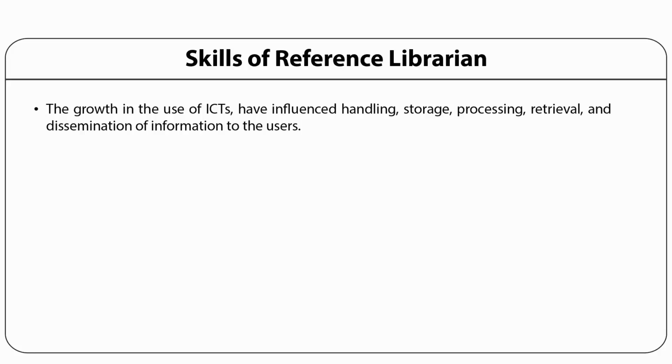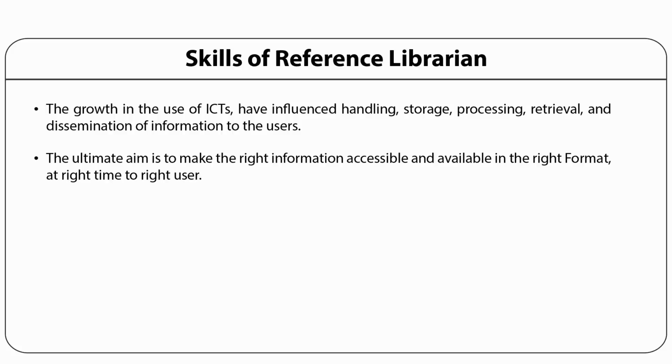The growth in the use of information communication technologies has influenced handling, storage, processing, retrieval, and dissemination of information to the users. The ultimate aim is to make the right information accessible and available in the right format at the right time to the right user.